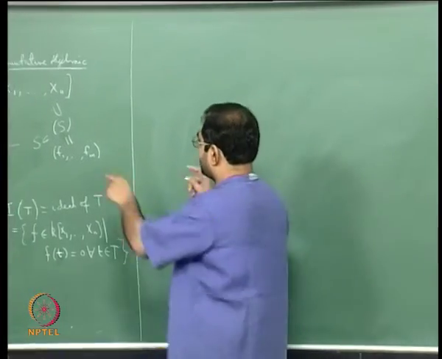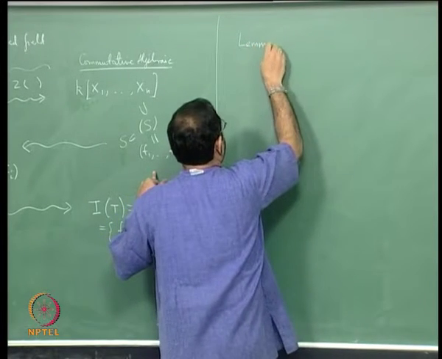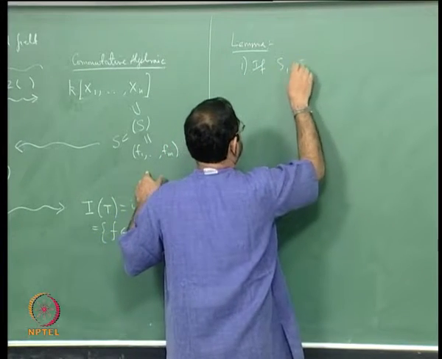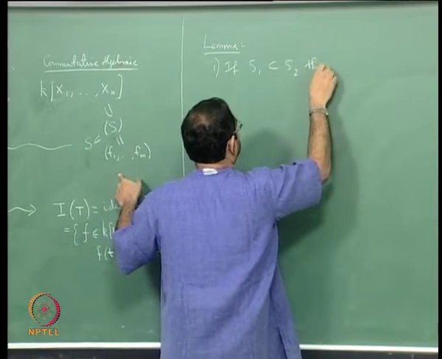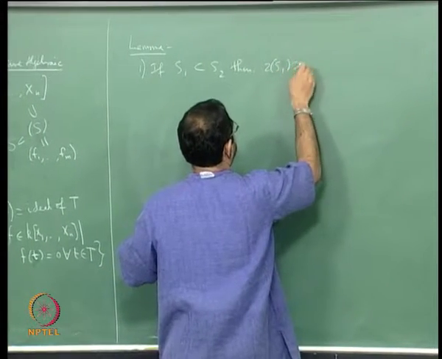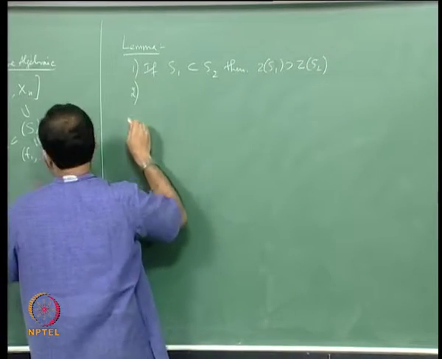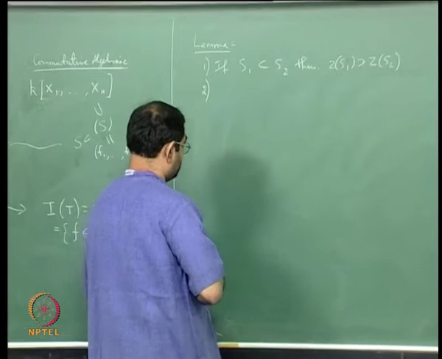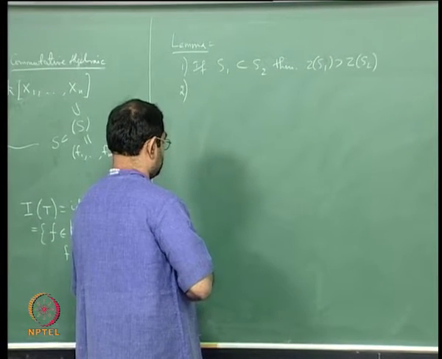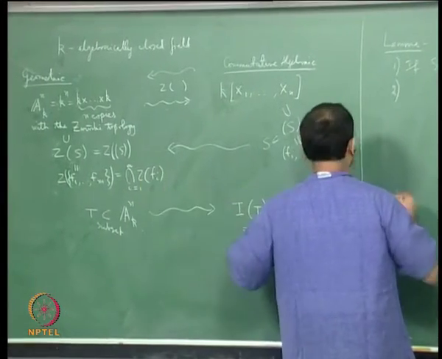Okay, so what it means is that, let me write that down as a lemma. It's pretty easy to see. If S1 is a subset of S2, then Z of S1 contains Z of S2. The second thing is the corresponding result on this side.